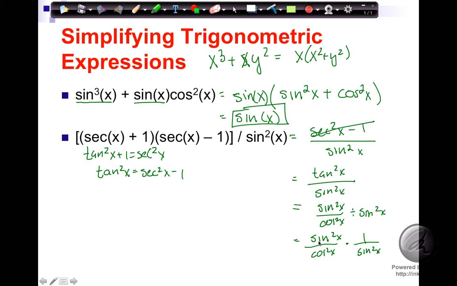Dividing means I can change it to the reciprocal. Sine squareds cancel. I have to go back this way because I didn't leave myself enough room. I get 1 over cosine squared. And 1 over cosine squared is secant squared x.